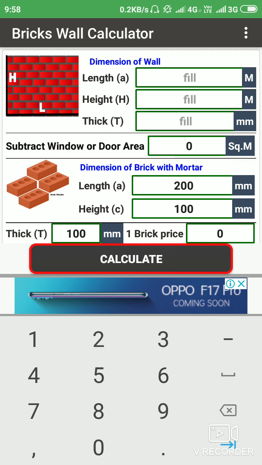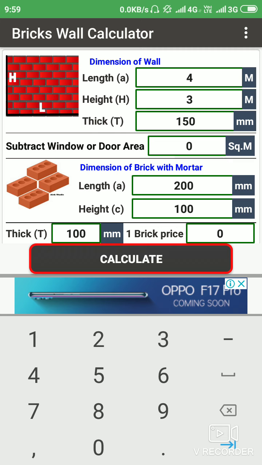For the brick wall calculator, simply put in the length of the wall. Suppose the length of the wall is 4 meters, the height of the wall is 3 meters, the thickness we consider as 150 mm, and we subtract the windows or door area. So we consider a 1.2 meter by 2.1 meter door and a 0.6 meter by 0.8 meter window.